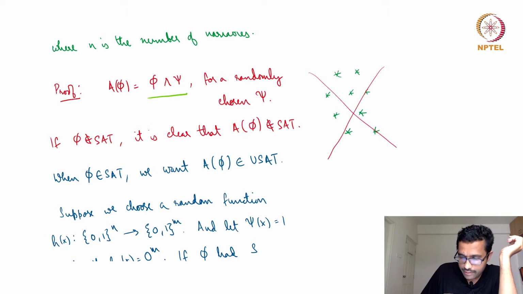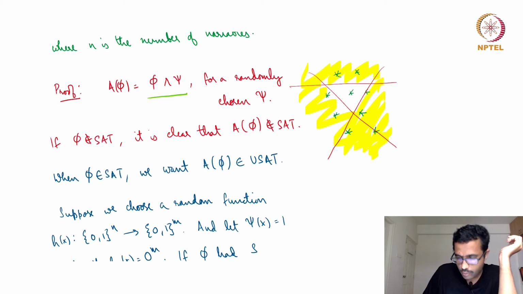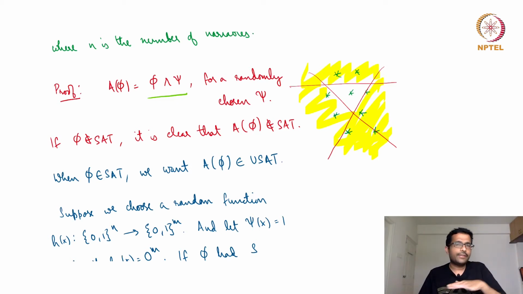Let's say first the bottom part is eliminated, this yellow part is eliminated, with the second cut this part is eliminated, and with the third cut this top part is eliminated, leaving just one. So psi will be a series of cuts. Every time the space becomes half, and what remains is very likely to be one satisfying assignment.